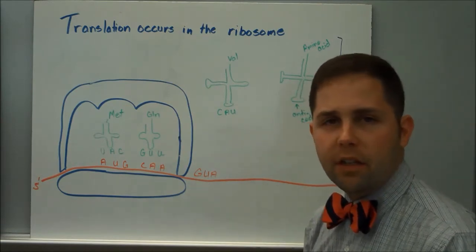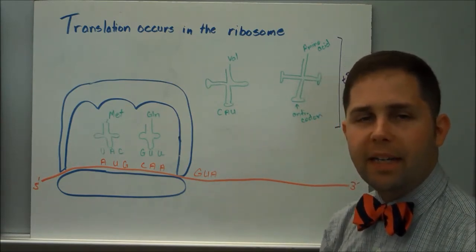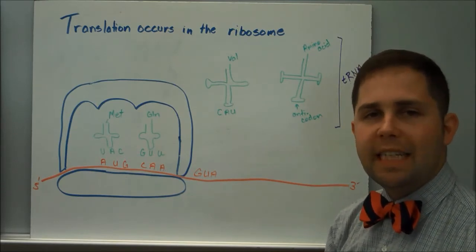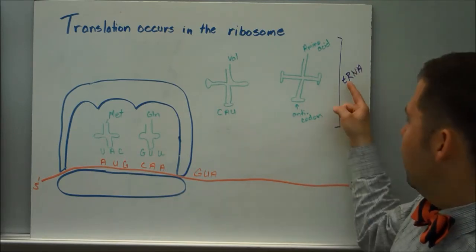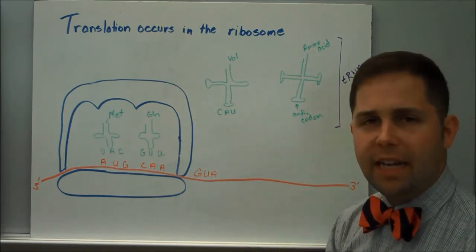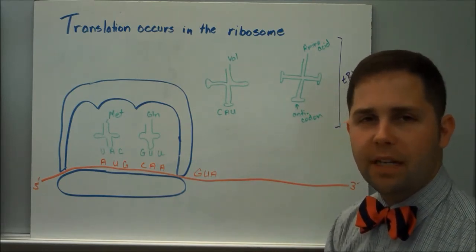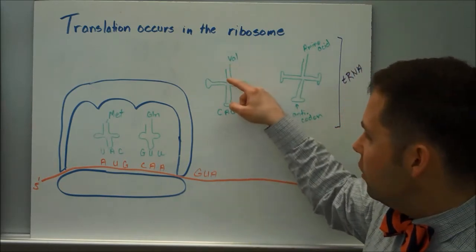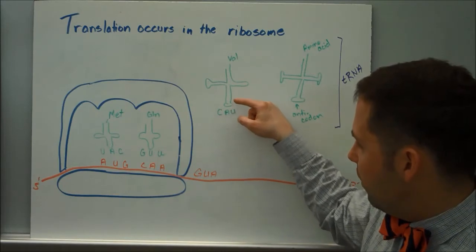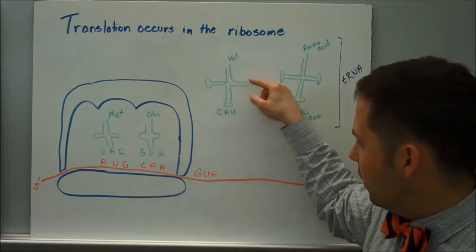The importance of the large subunit is that instead of binding mRNA, it actually binds tRNA, or transfer RNA. Now, tRNA is a special structure found within the cytoplasm that is also made of RNA, and it forms this cross shape that's really easy to visualize.